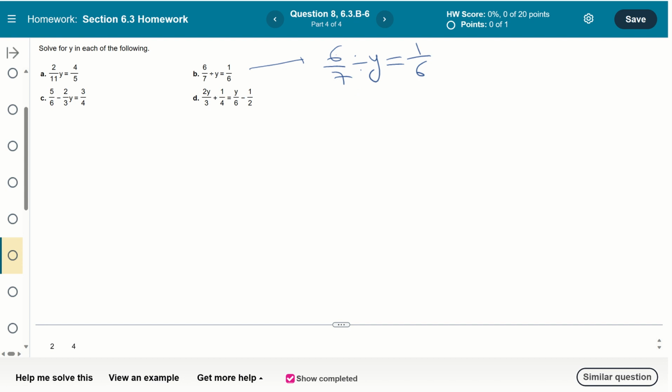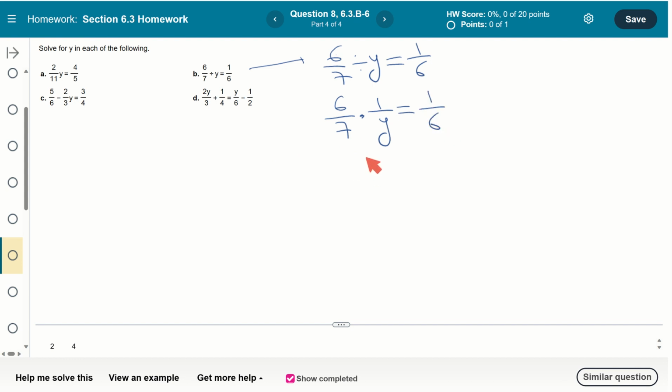So remember what division of fractions means. You're going to keep the 6/7 multiplied by the reciprocal of y, so it's 1/y, right? So we end up equals 1 over 6.